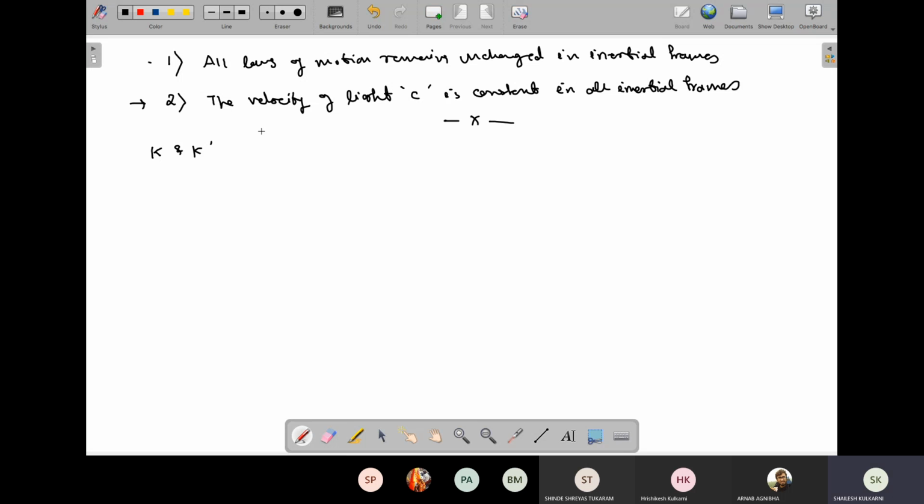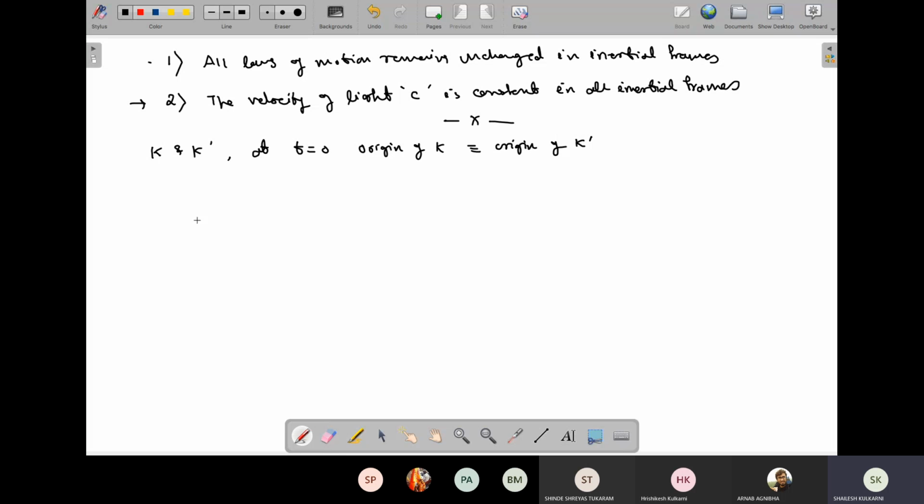At t equal to 0, the origin of k coincides with the origin of k prime, and the frames are arranged in such a way that the respective axes are parallel to each other. I'm not drawing the frames.